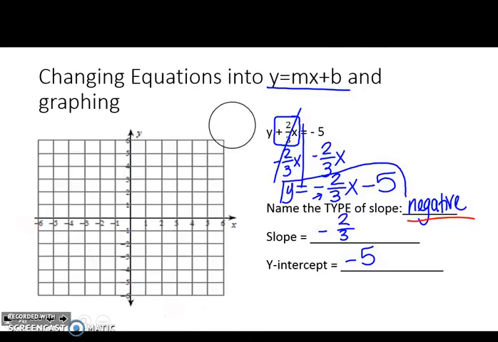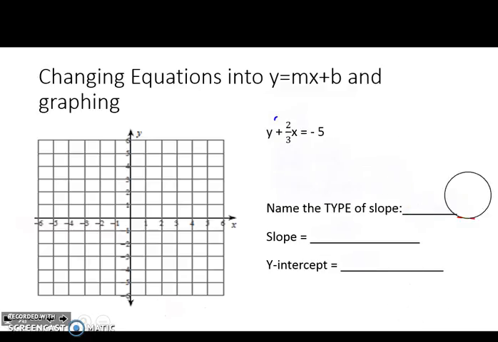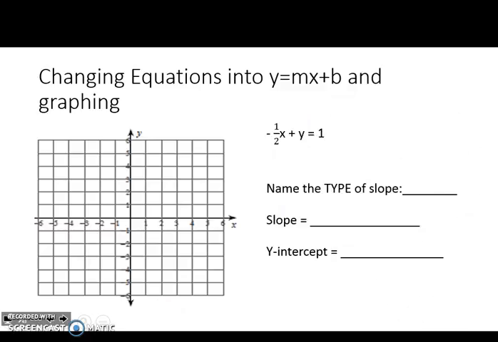All right, one other one, and then you'll be on your own. All right, so for this problem, I'm going to move whatever is with the y, so the negative 1 over 2x. Since it's already a negative, I have to do the inverse operation.